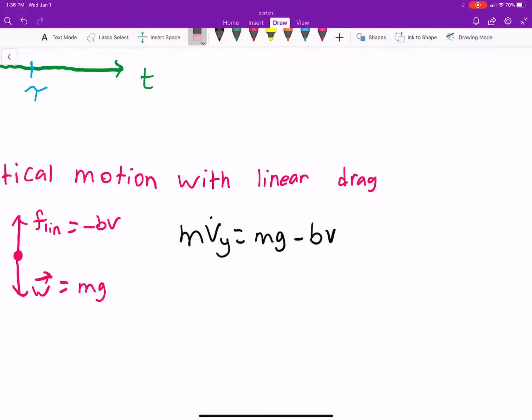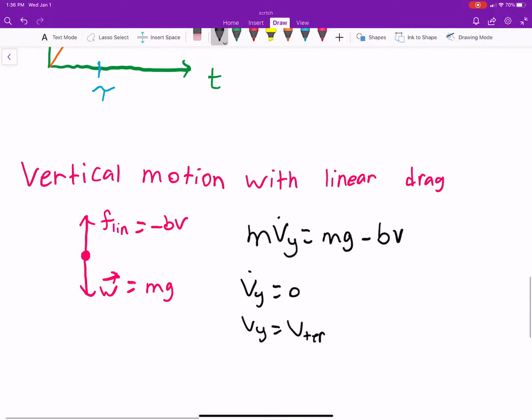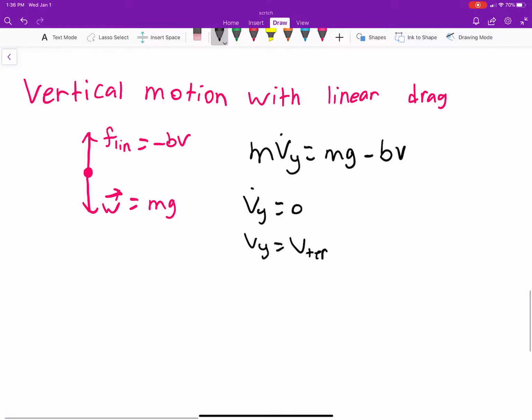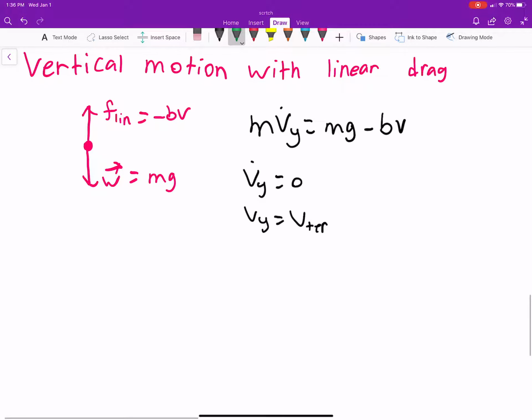And let's just make a note that when this is equal to 0, v sub y is v terminal. So I'll go ahead and define terminal velocity because that's an important part. Terminal velocity.